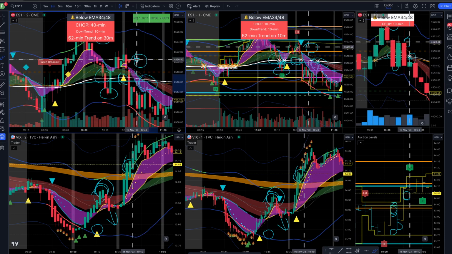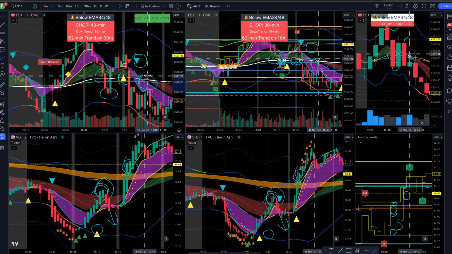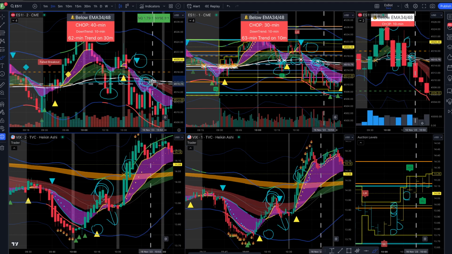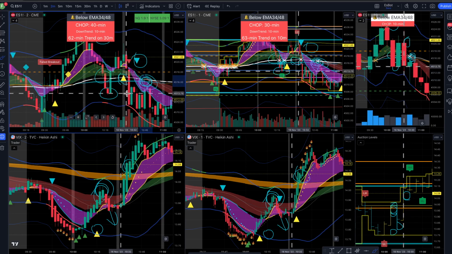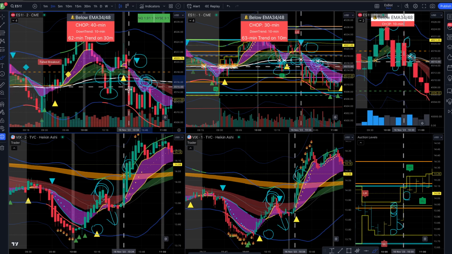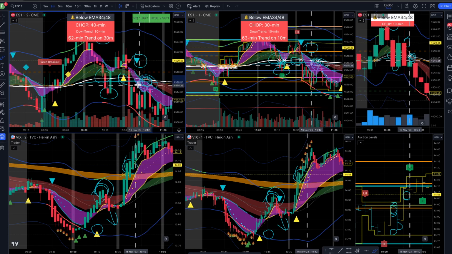We had a go-ahead for puts based on the triangles, based on the danger zone clouds. And then we got the retest. And this is an ideal time to get in when you have everything telling you it's time for puts, and you get a retest where it comes back up one last time. And you won't know it's the last time, obviously.